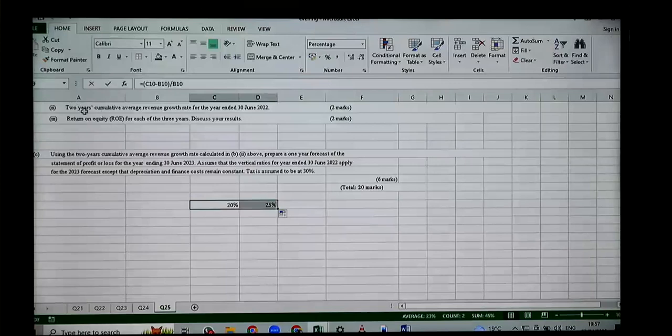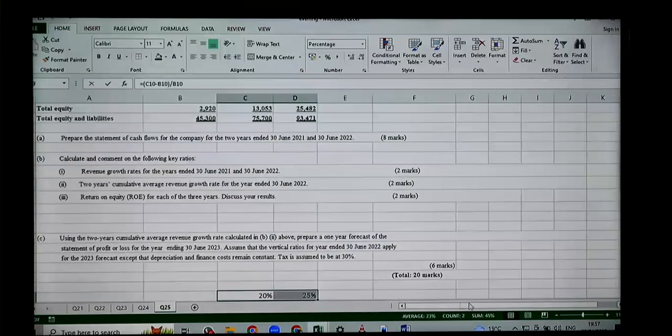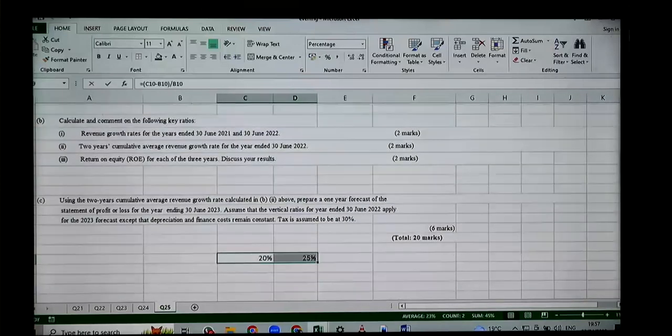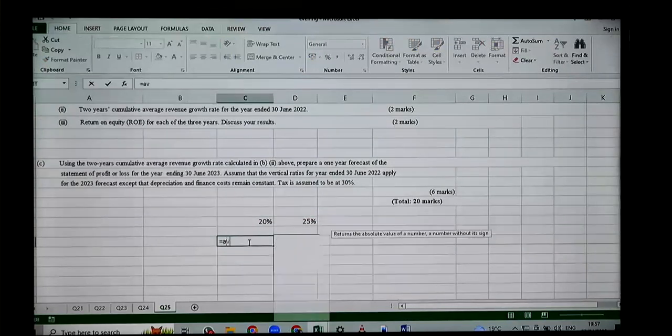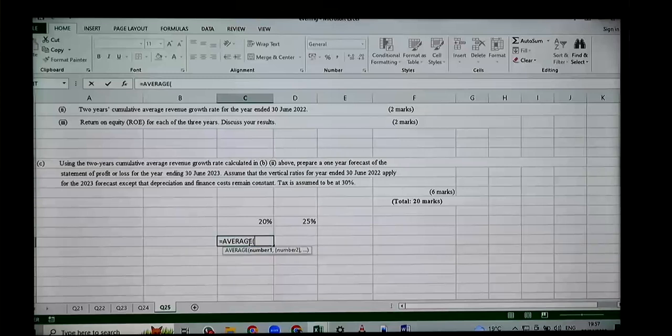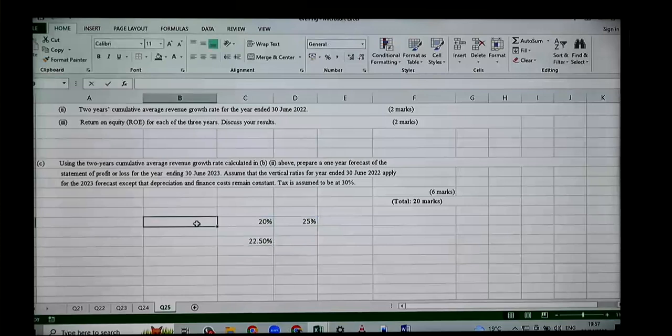Then we'll be asked of the 2-year cumulative average. So for the 2-year cumulative average, it will be equals average. You press Tab and you select the 2, Control Enter, and maybe you add the decimal places. This one is the growth rates, isn't it? And this one is the cumulative average growth rate.